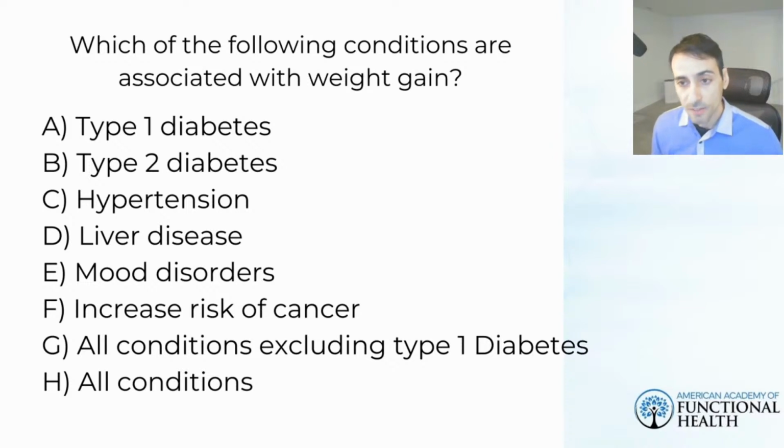We got E, mood disorders, F, increased risk of cancer, G, all conditions including type 1 diabetes, and H, all conditions. So which one of those conditions do you think are associated with weight gain, and which one of those, through the process of elimination, might not be associated with weight gain?